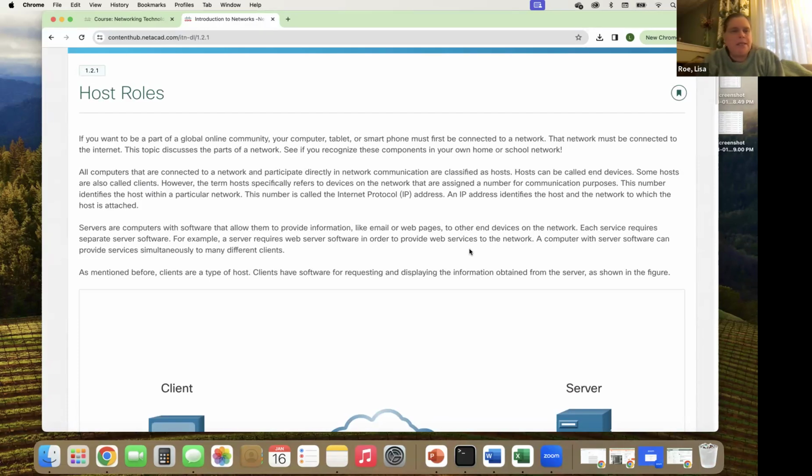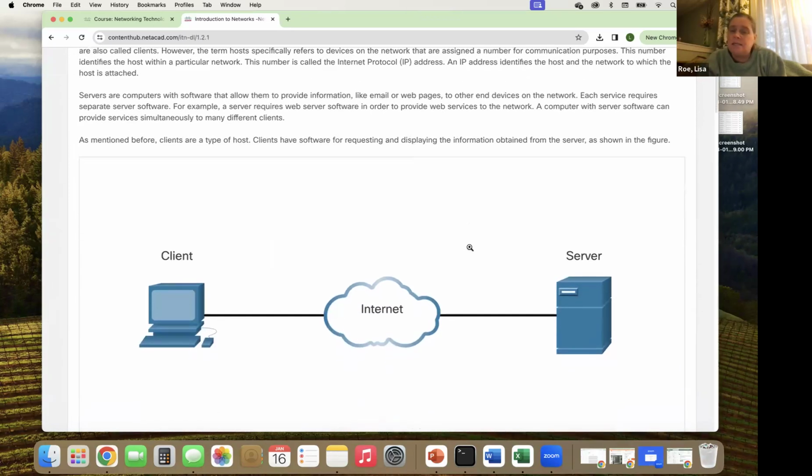This is kind of jumping the gun a little bit, but the word host in the IT world means that there's an address placed on this host. For instance, your cell phone would be a host because it has an IP address. Your computer, your laptop gets an IP address from your internet service provider. Any device that has an address that allows it to participate on the network is a host. Hosts are end devices.